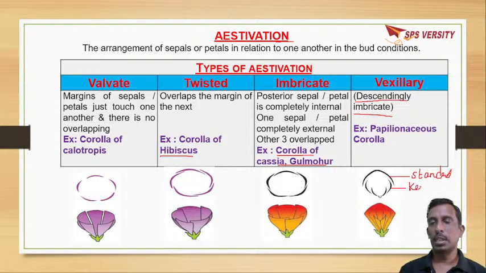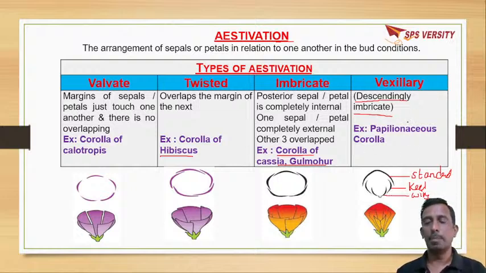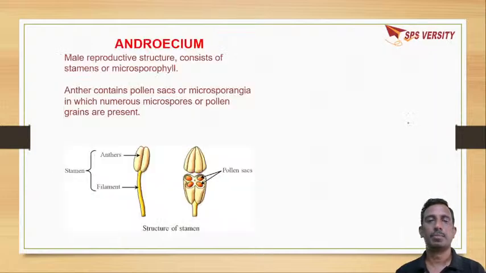These are called wing petals. And these are keel petals. Okay. So this vexillary estivation is seen in specifically Fabaceae members. Okay. So when you come to the arrangement of the sepals and petals, it is four types: valvate, twisted, imbricate, and vexillary estivation.